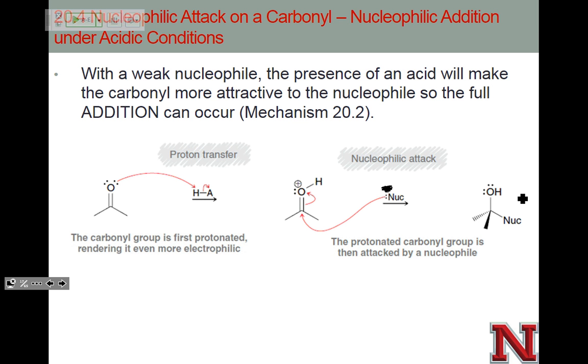Let's say we have a weak nucleophile, so a nucleophile without a charge. If this isn't done under acid catalysis, we'll get the attack and we'll form this intermediate, with a positive charge on our nucleophile and a negative charge on our oxygen.